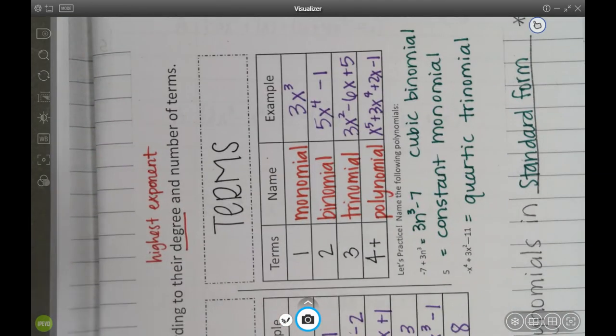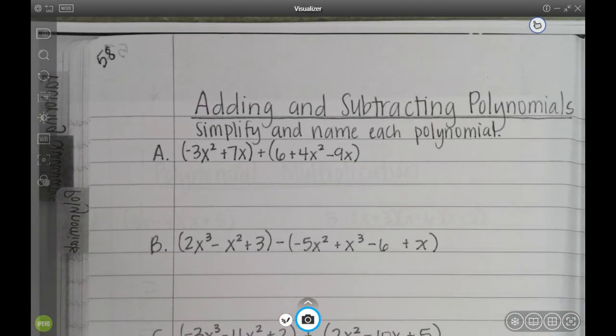It's just review. Go ahead and write these in on page 57.